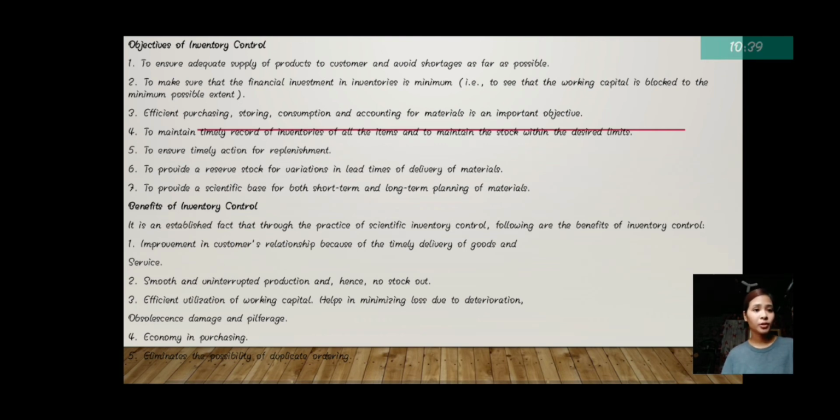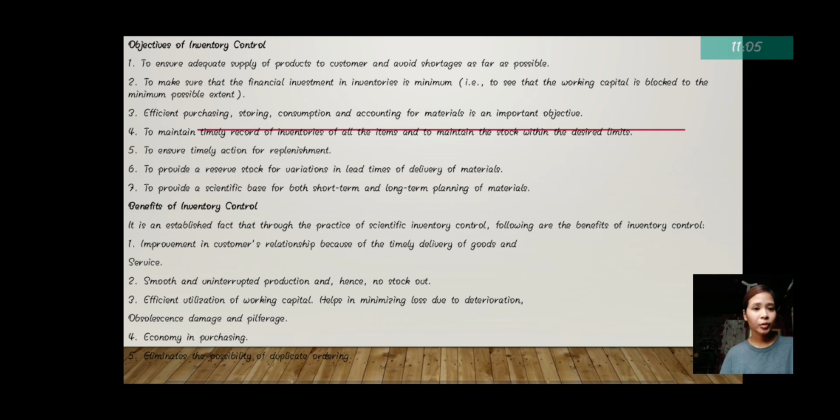Example, to see that the working capital is blocked to the minimum possible extent. And then efficient purchasing, storing, consumption, and accounting for materials is an important objective. Of course, efficient purchasing of the products is very important at all times.